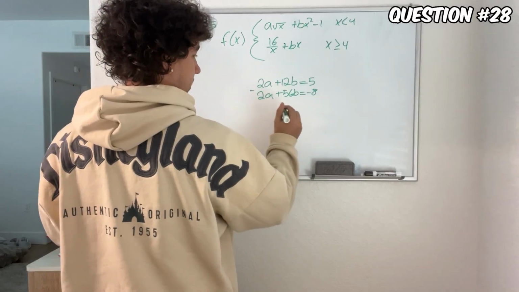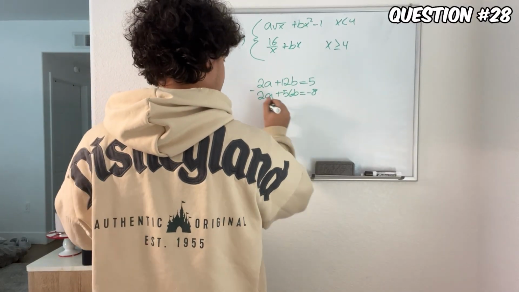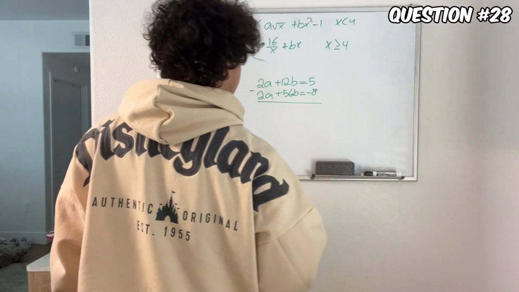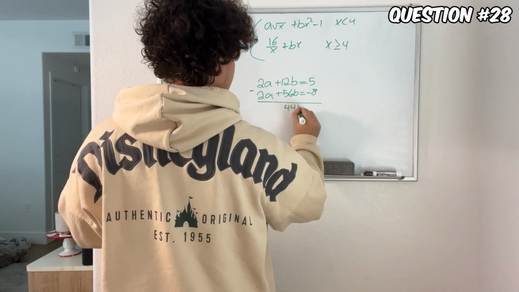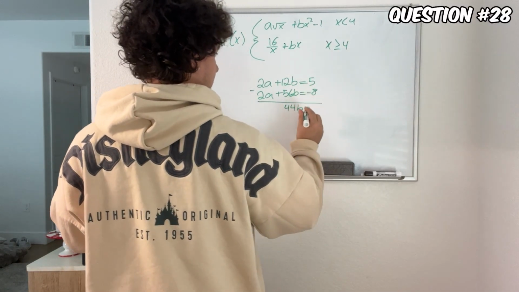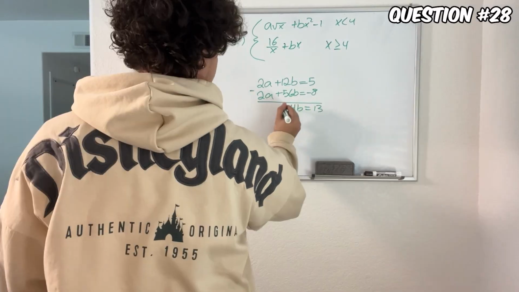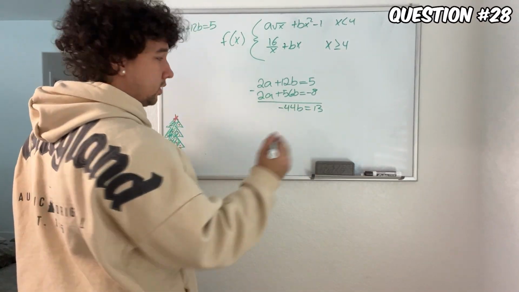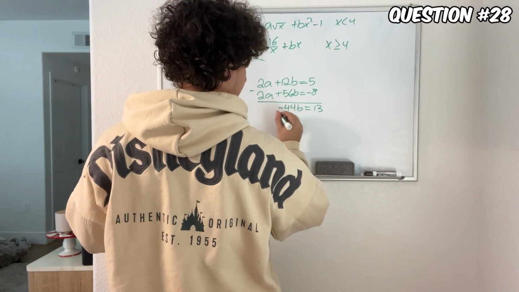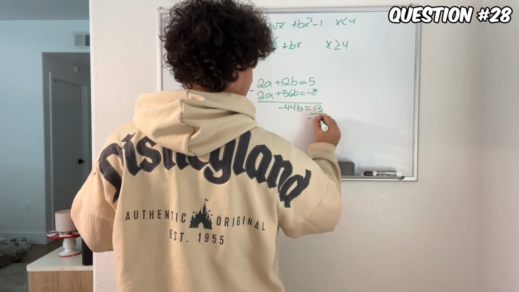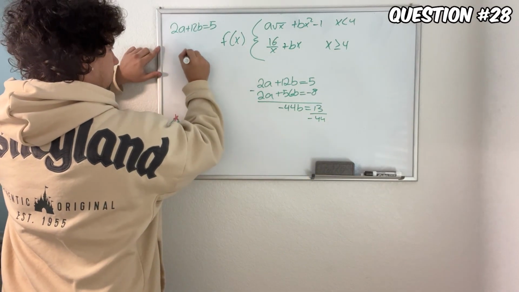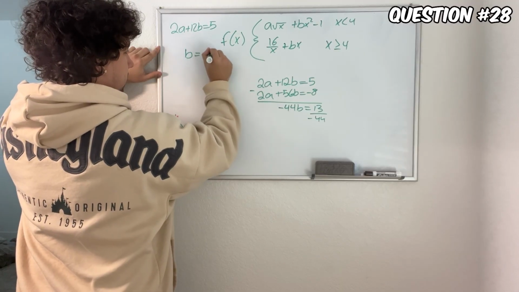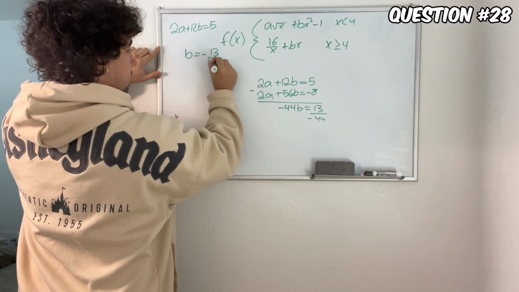So these are going to cancel out. 12 minus 56 is equal to negative 44 b, equals 5 minus negative 8, which is 13. Divide both sides by negative 44, and I'm going to get b is equal to 13 over negative 44, so negative 13 over 44.